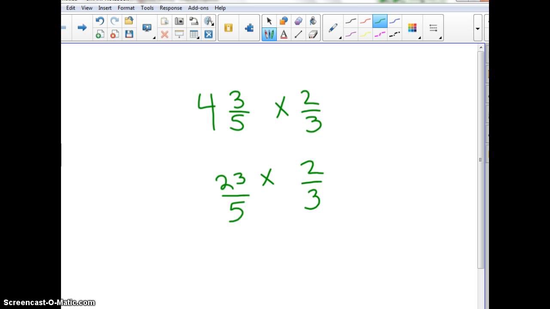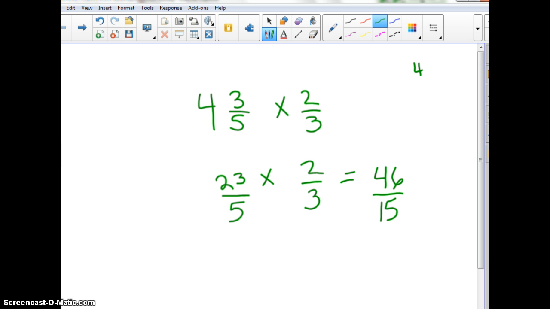No. So we have to multiply our numerators and multiply our denominators. Does anyone know 23 times 2 in their head? Dathan? How about 5 times 3 in their head? Sarah? 15. Okay, now, I wish, oh how I wish we could leave this, but we can't.